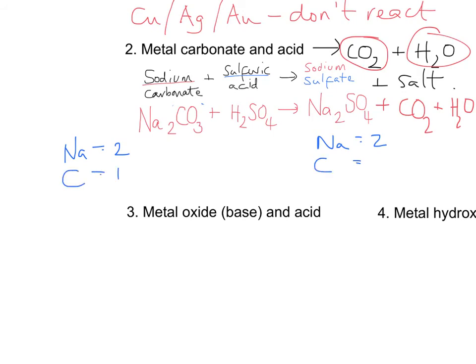Carbon, I've got 1. Oxygens, I've got 3 here, and I've got 4 here, so I've got 7 altogether. So oxygen equals 7. Over here I've got 4 here, another 2 there, and 1 there, so that's 7 as well. It's looking good so far. And finally, the last atom that we need to check is hydrogen. We've got 2 there, and we've got 2 over here. All good.